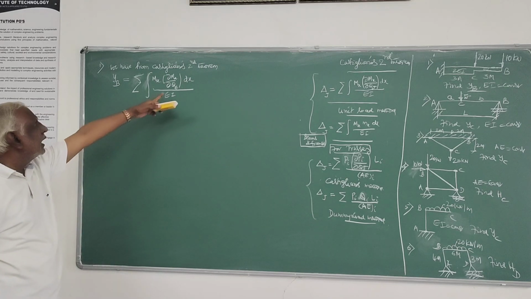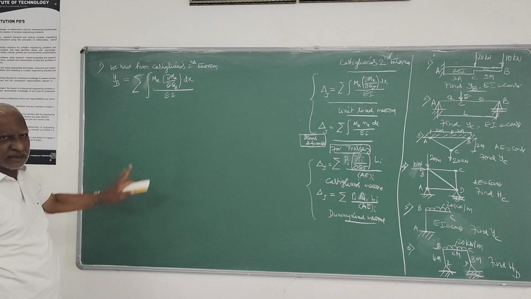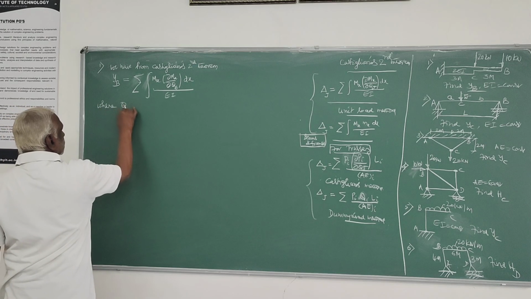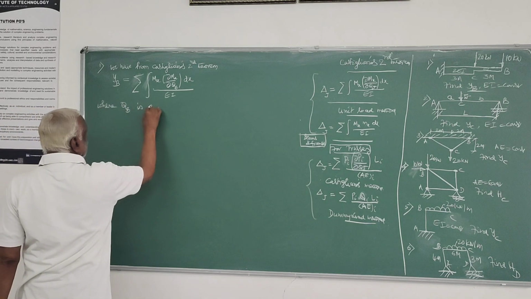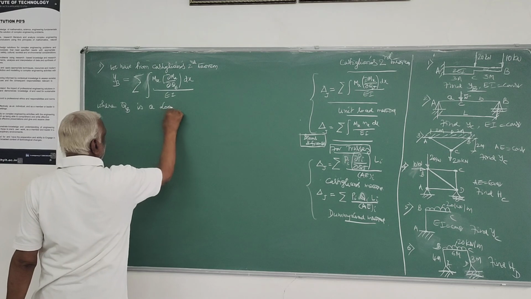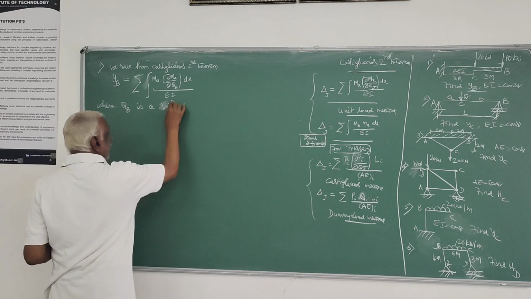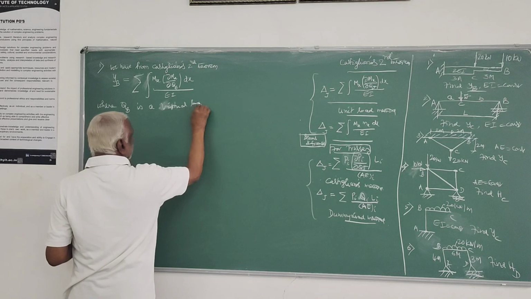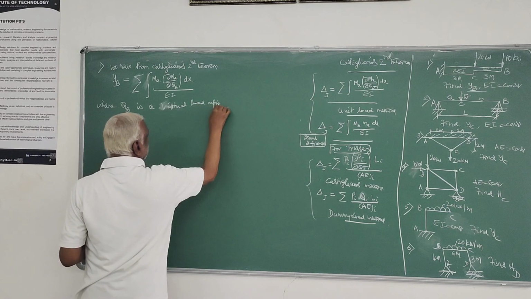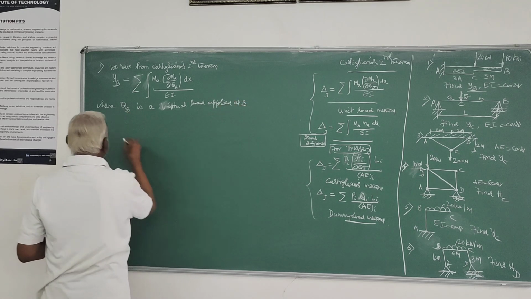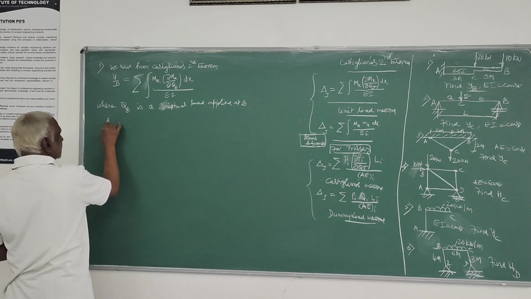If it is theta, I should use a moment there, that's all. So QB is the virtual load applied at B, like this.